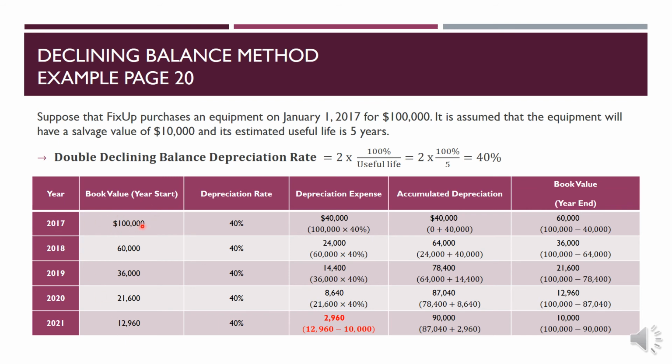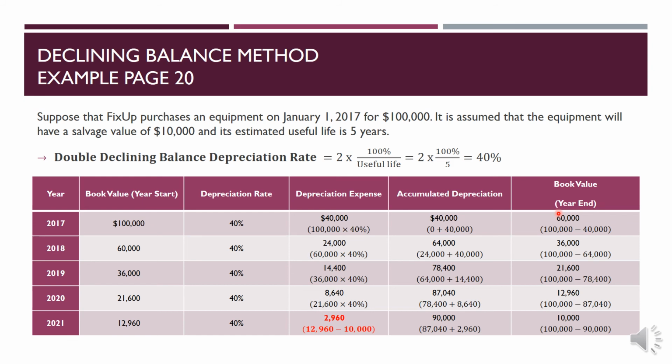In 2017, we had just purchased the equipment, so the book value will be equal to the cost. After that, we have the depreciation rate. Now we can calculate the depreciation expense. So it will be the 100,000 times 0.4, 40,000. We can calculate the accumulated depreciation. Based on that, we can calculate the book value at year end.